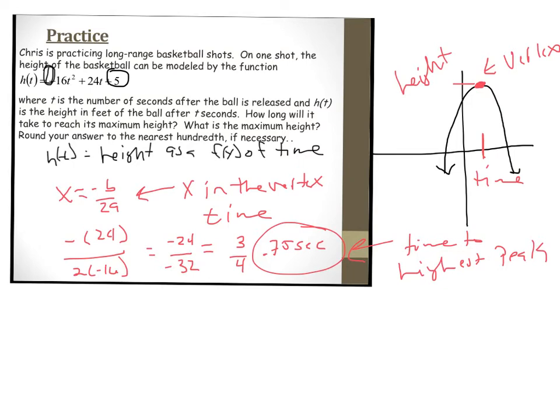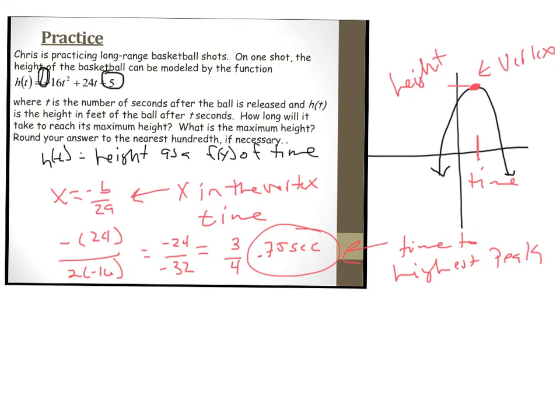Now we want to know what the actual height is. In order to find the height of the ball, we have an equation, which is h of t is equal to negative 16t squared plus 24t plus 5.